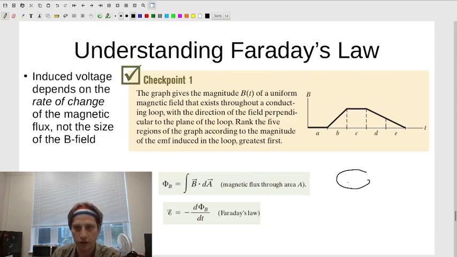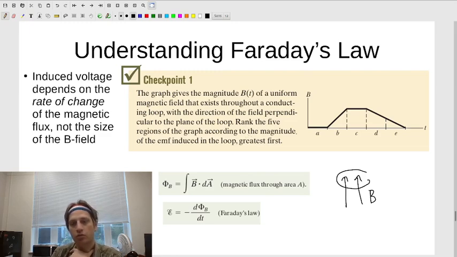Okay, so we've got a loop here, and we've got a magnetic field here. Maybe this is inside of a solenoid or something like that, and we're going to measure the voltage. Now it says rank the 5 regions of the graph according to the magnitude of the EMF induced in the loop, greatest first.